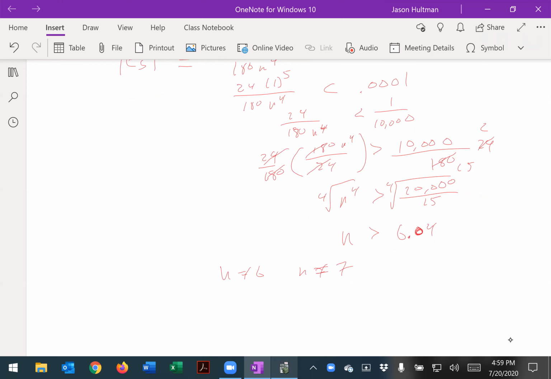Why does n have to jump to 8? Because it's the nature of Simpson's rule. It can't be odd. It has to be even. So n is equal to 8. It must be even and 6 is too low.